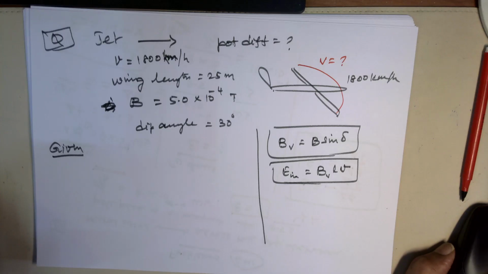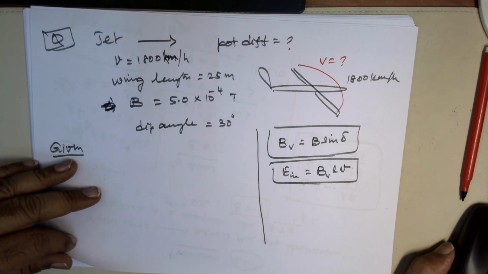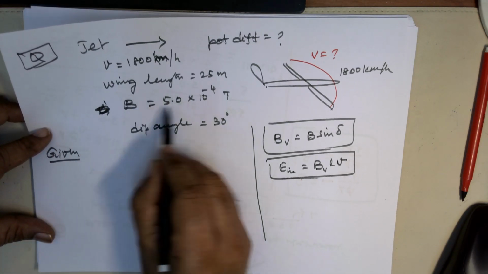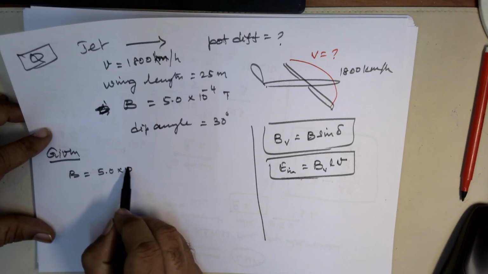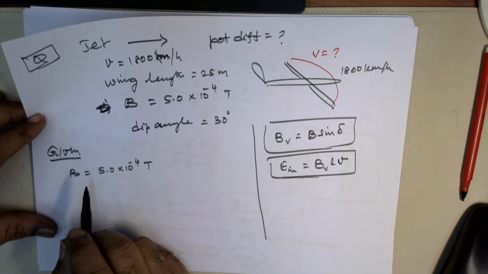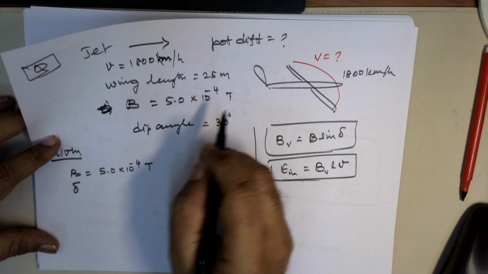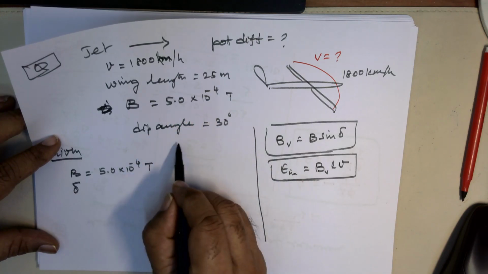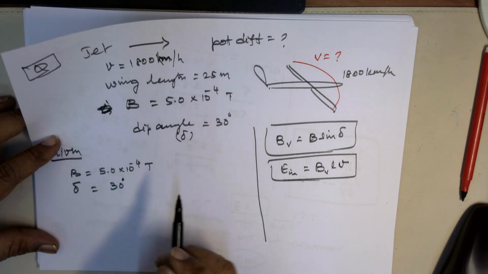Now we have to consider the parameters. B is 5.0 into 10 power minus 4 Tesla. Then the dip angle, represented by delta, is 30 degree.